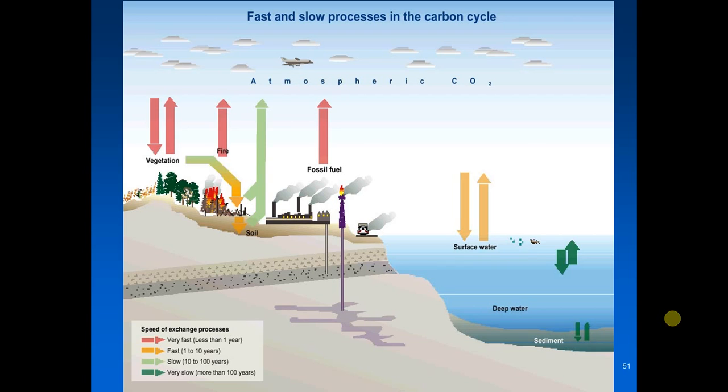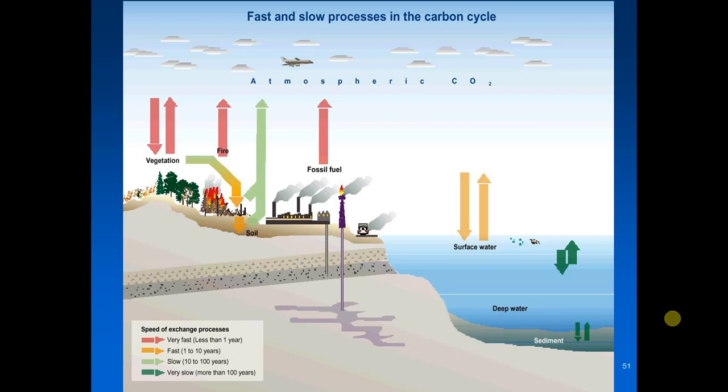The red arrows show processes that take less than a year, and the orange-yellow arrows show processes that take 1 to 10 years, or about a few years. So this is the short-term carbon cycle, seconds to a few years.